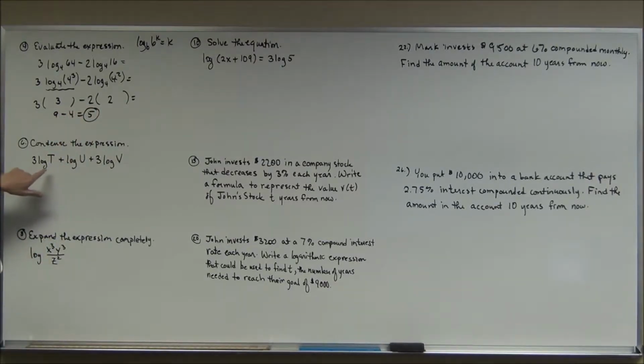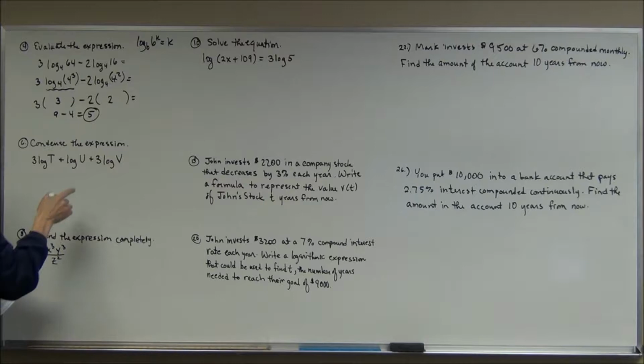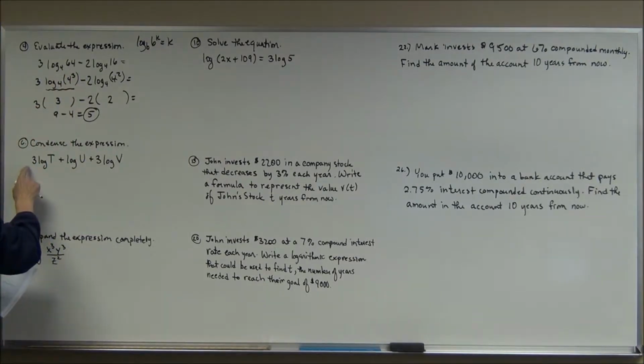Now here, they didn't put numbers, they put variables, so we're going to have to compress or condense using the properties of logarithms. I mentioned subtraction is division, addition is multiplication. But before I start multiplying, you see here and here, you have a constant in front. I'm going to bring it up using that third property, that third law of logarithms.